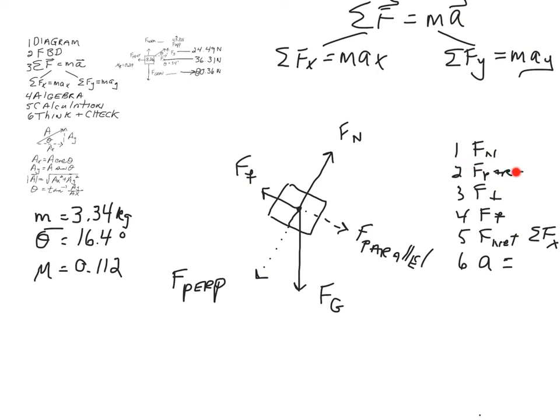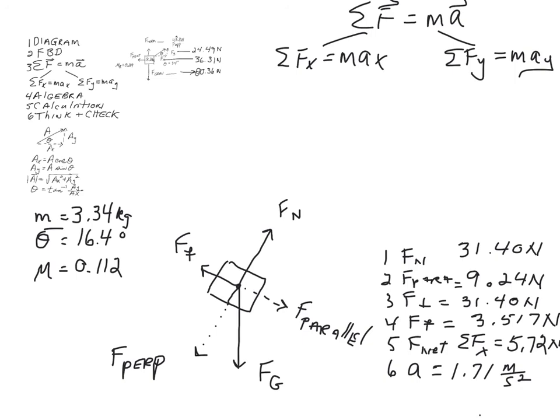F parallel, F perpendicular, that's the perpendicular symbol, F fric, F net, which is the same as the sum of the forces in the x direction, and a, which is ax. So as always, to get the y forces, you use this, and to get the x forces and the acceleration, you're going to use this. So go ahead and try to do the whole thing yourself, and then you can come back and check your answers against mine.